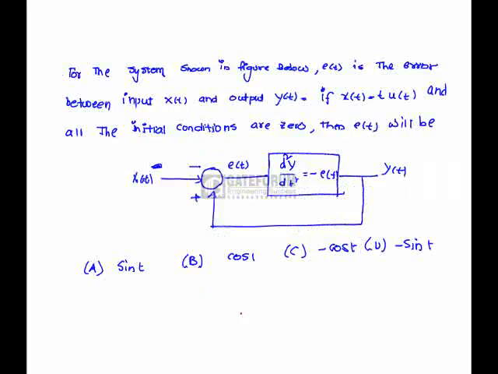Question is, for the system shown in figure below, E of t is the error between the input and the output Y of t. If x of t equals t u of t and all the initial conditions are 0, then E of t will be. See here, if we apply the Laplace transform to the second order equation shown, s square Y of s is nothing but minus E of s. Now E of s is going to be Y of s minus X of s.